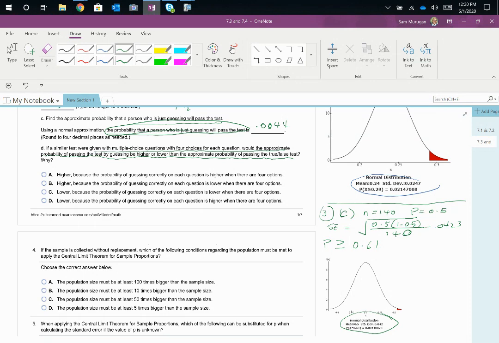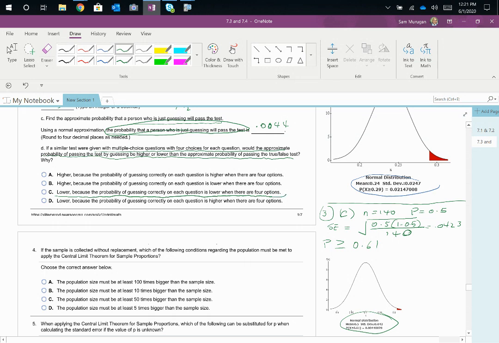Now, if the person had 4 answer choices, it would be lower, not higher, because the probability of guessing correctly on each question is even greater because there's 4 choices now.